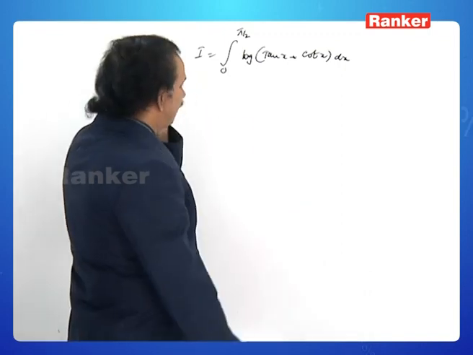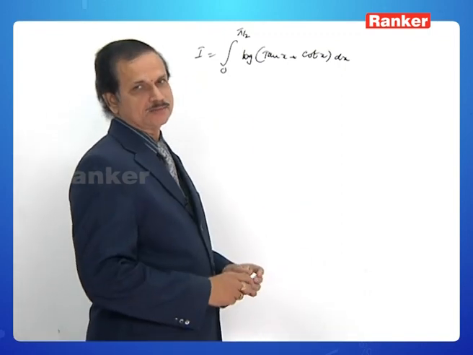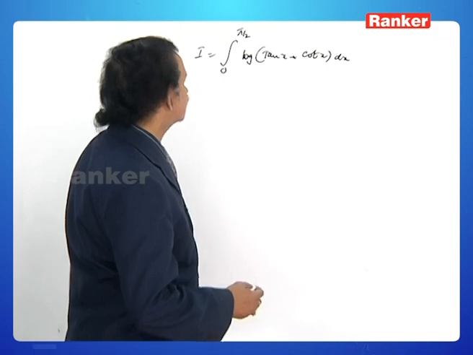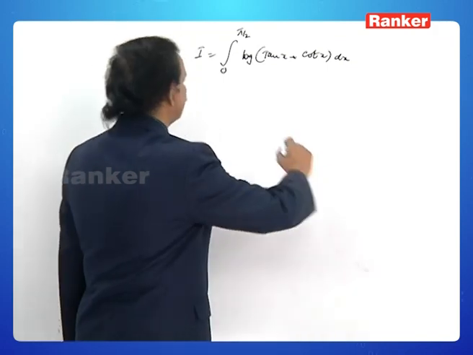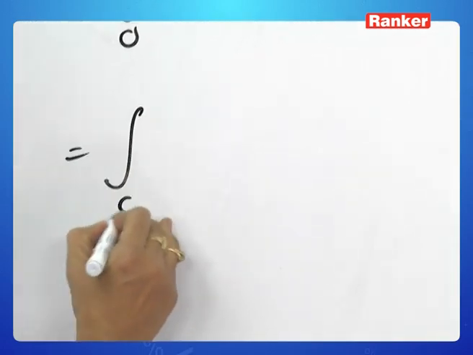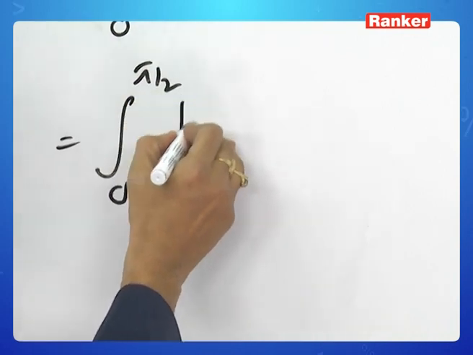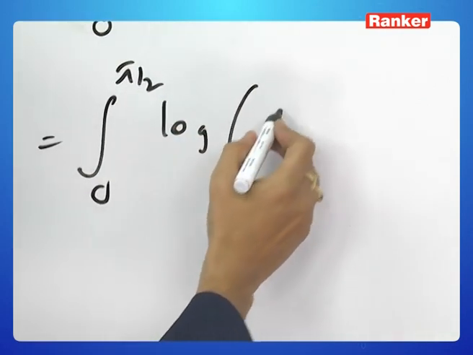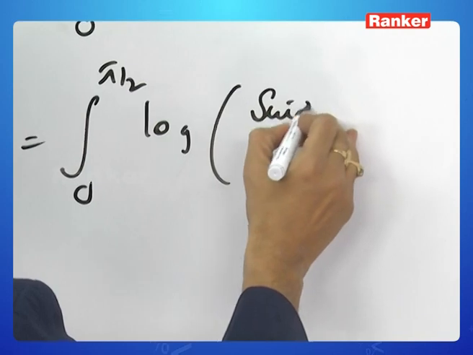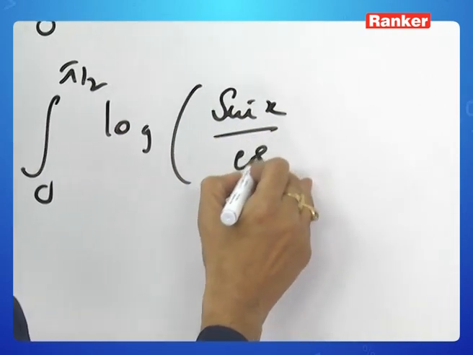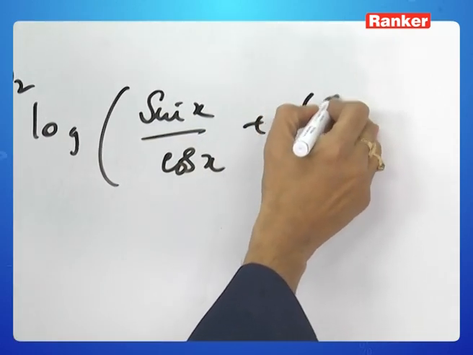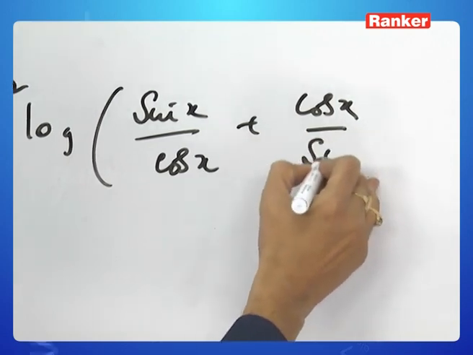integral 0 to pi by 2 log of tan x plus cot x. So this is integral 0 to pi by 2. Tan x can be taken as sin x by cos x. Cot x can be taken as cos x by sin x.